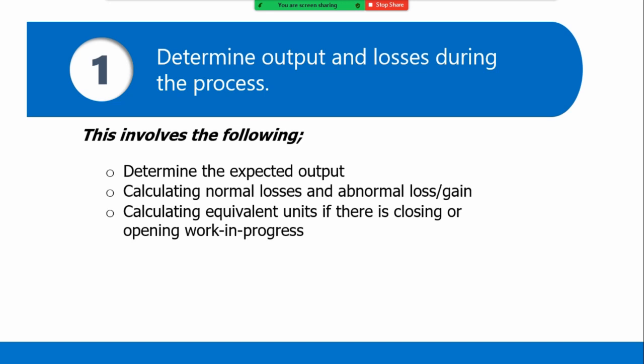It involves calculating equivalent units in case we have closing or opening work in progress. Now, the equivalent units will not come in if we don't have closing or opening work in progress. So that is what is involved in step number 1. We determine the output. What is the output in terms of units? And the losses. As I mentioned, losses are normal and are expected in the entire process.